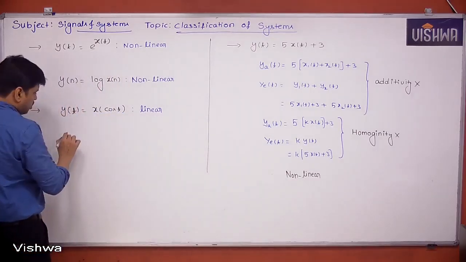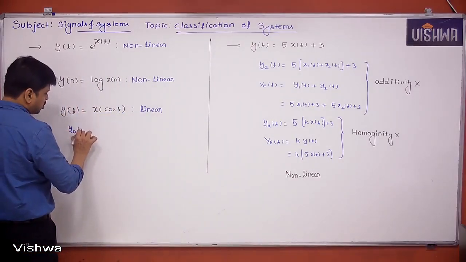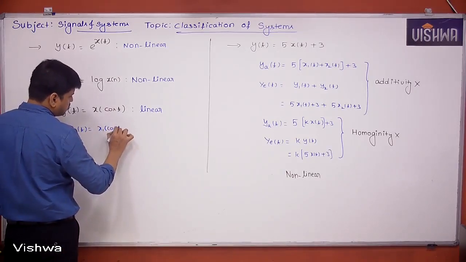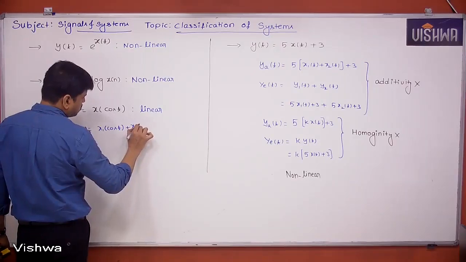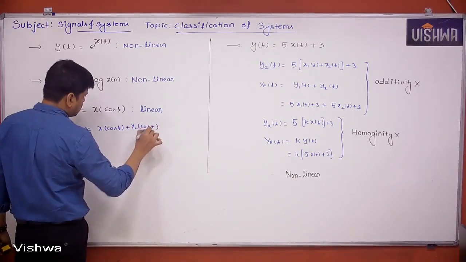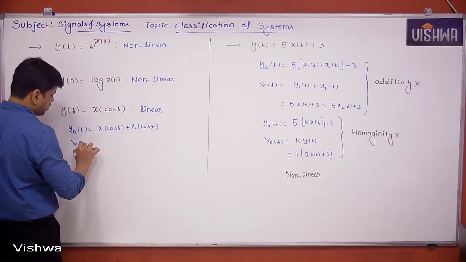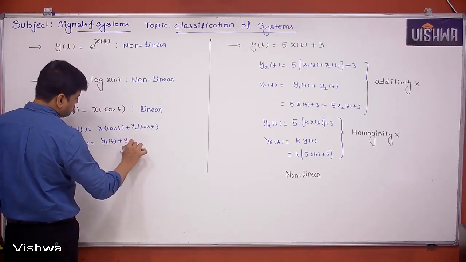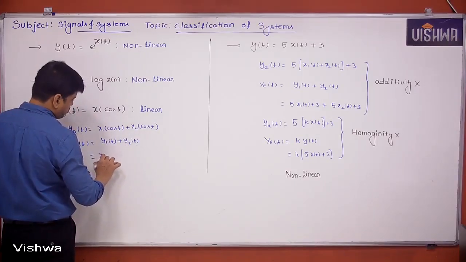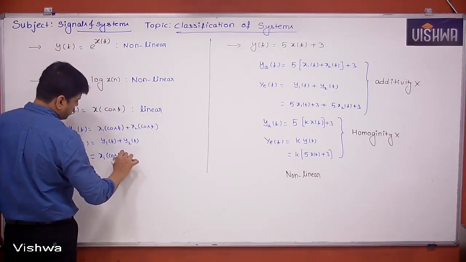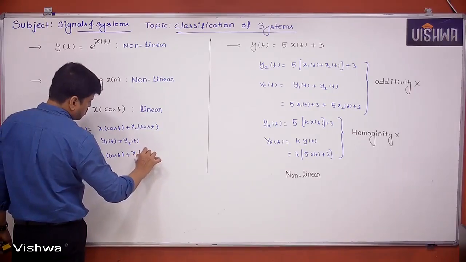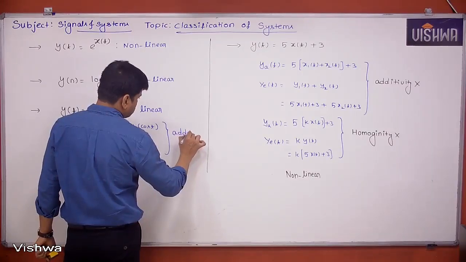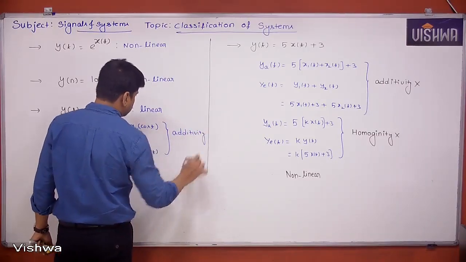So let's say the actual output for the additivity principle is x1 of cos t plus x2 of cos t. In a similar manner, the expected output is y1 of t plus y2 of t, which is again x1 of cos t plus x2 of cos t. So it satisfies the additivity principle.